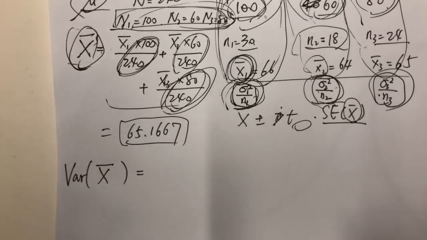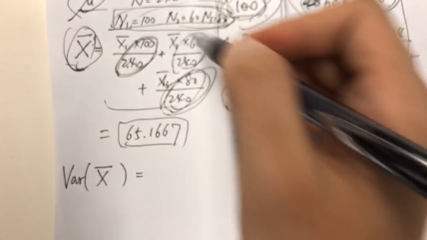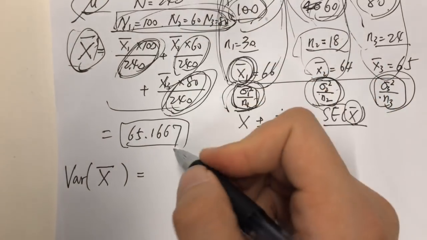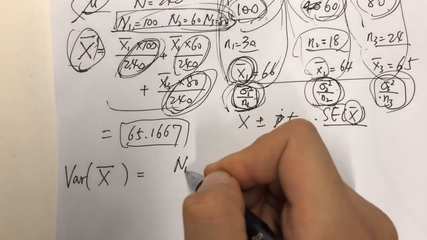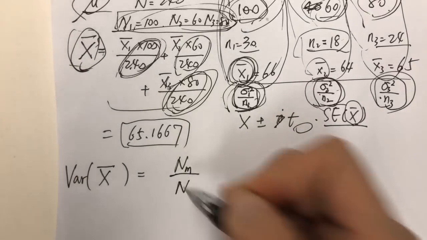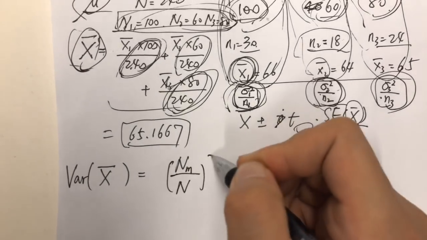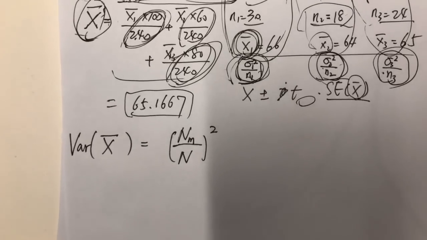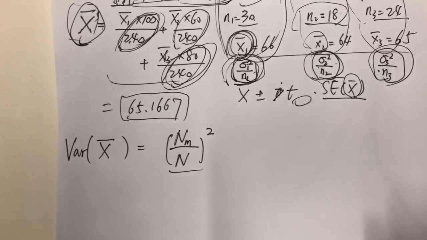Okay, so this means we use what kind of proportion? It should be Nm over N. Nm stands for the number of students in each stratum, and N is the total number. And we use the square of it for the weights, okay?